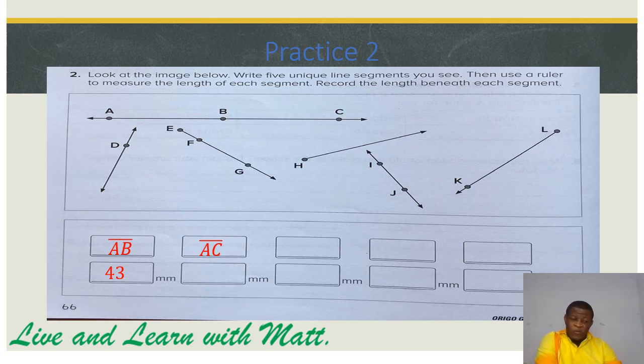Obviously it's going to be more than 43. So it's 87 millimeters. Next, line EG, it's 35 millimeters. Now line IJ is 19 millimeters. Line KL is about 48 millimeters.